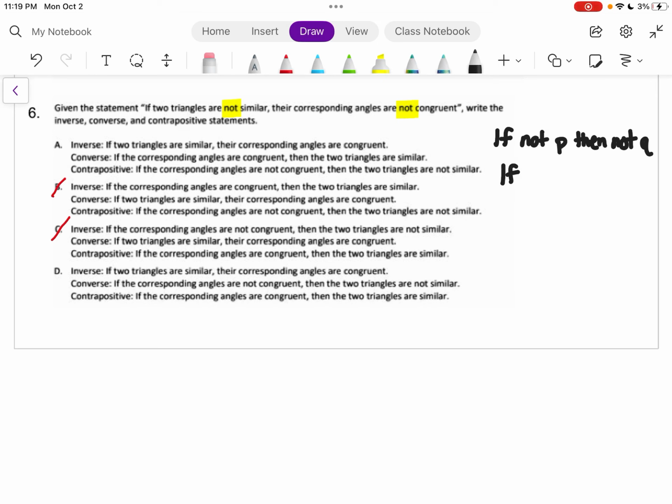It should say, if Q, then P. So our converse should just say, if the corresponding angles are not congruent, then the two triangles are not similar. The only answer choice that says that is answer choice D once again. And that is it for the 1.2 test review.